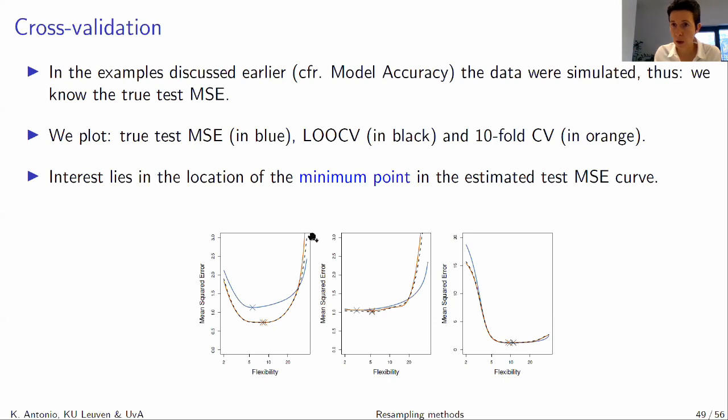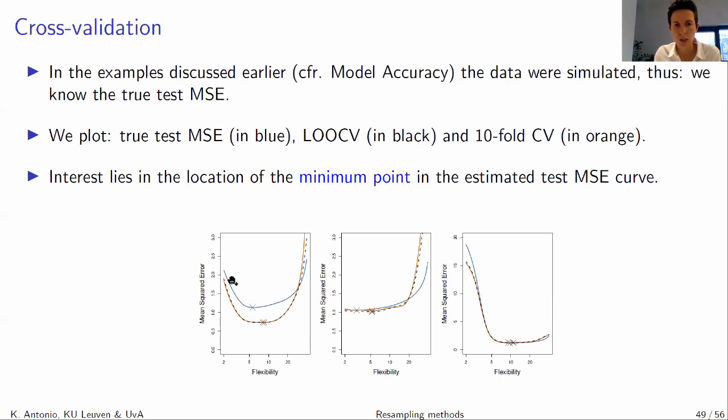Why do I know that here? Because we work with simulated data. So we can always simulate new data as a test set. So we know what this true test mean squared error would look like. Then you'll see the leave one out cross-validation in black, and you'll see the 10-fold cross-validation error in orange, right?